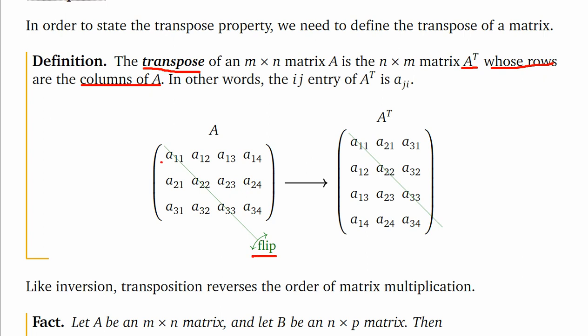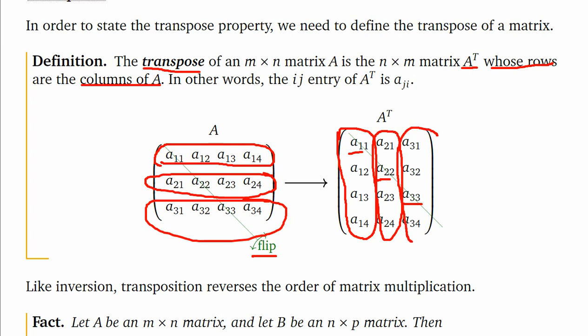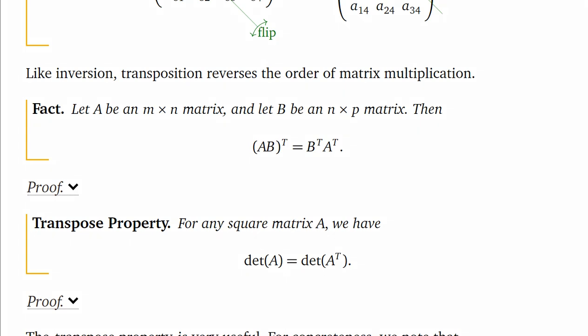The first row of A will become the first column of A transpose, and the second row of A will become the second column of A transpose. You'll notice that the main diagonal entries stay fixed as I do this. The third row becomes the third column. And we're going to talk about the transpose.